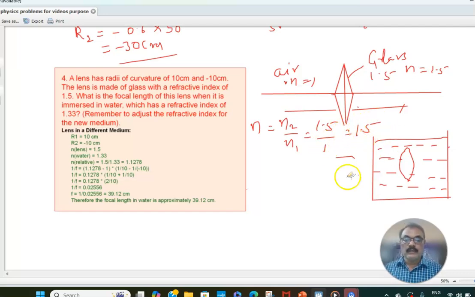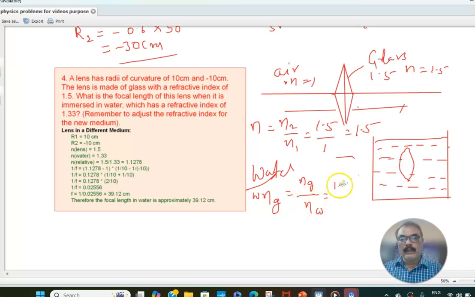Hope you understood. Now in case of water, क्या हो गया? Water में क्या होगा? Water का refractive index हो गया. Here a light is going from water to glass. So therefore, N2 will become refractive index of glass divided by refractive index of water. So 1.5 divided by 1.33, which is given over here.